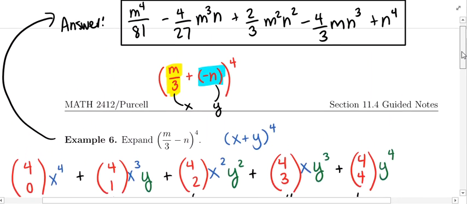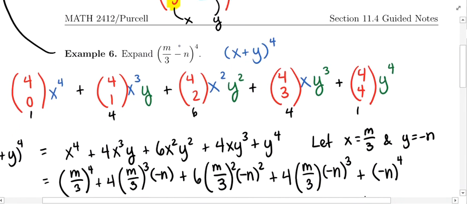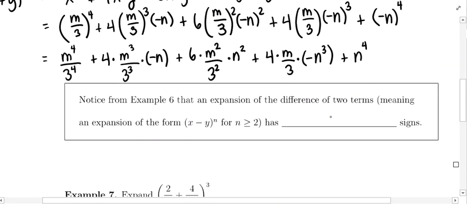Well, if we go back and look at our expansion here, the signs alternate. We start with something positive, then negative, positive, negative, positive. So what this is telling us is if we have a binomial that we are expanding and we're subtracting in the middle here, once you do the expansion, you're going to get something with alternating signs. That's it.